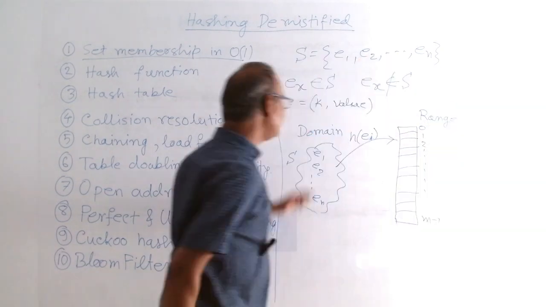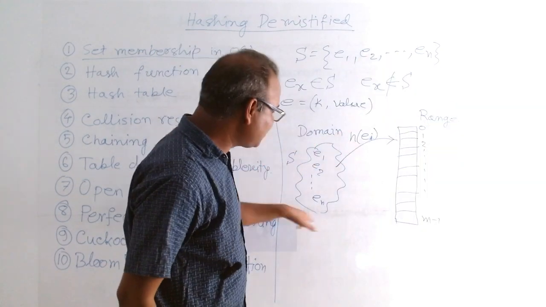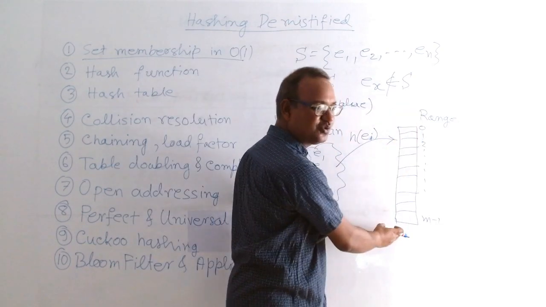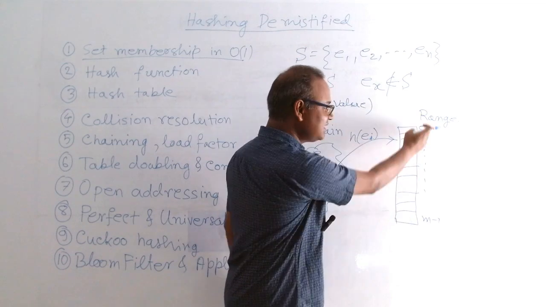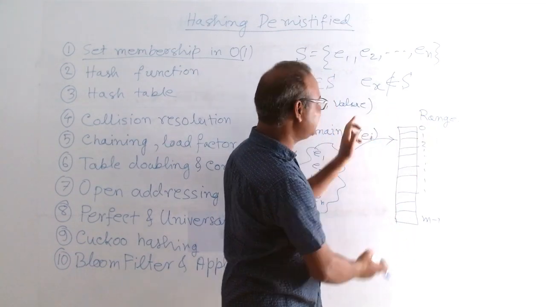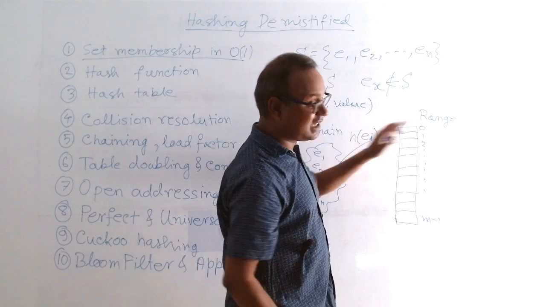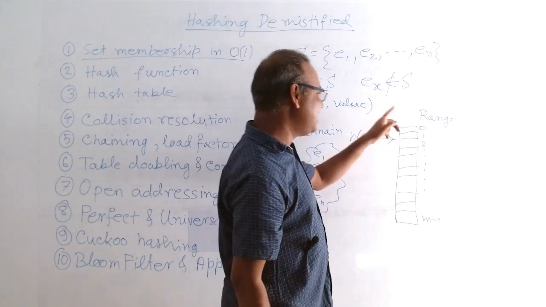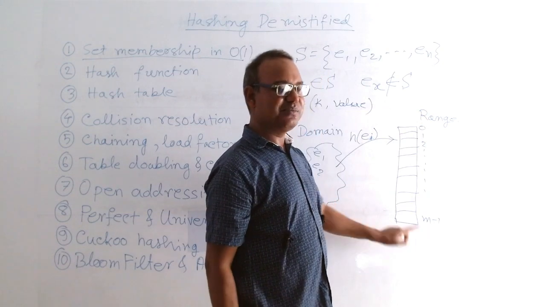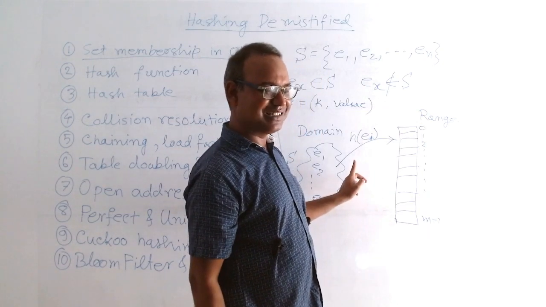The domain of this function h is the set of all elements, and the range of the function is between 0 and m. This is the bound. Okay, this restriction must be followed. The range of the function cannot be arbitrary. It must be between 0 and m minus 1 to qualify as a hash function.